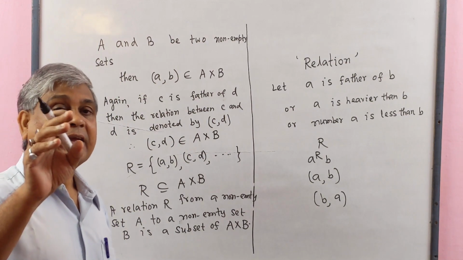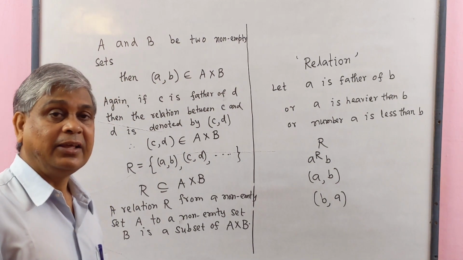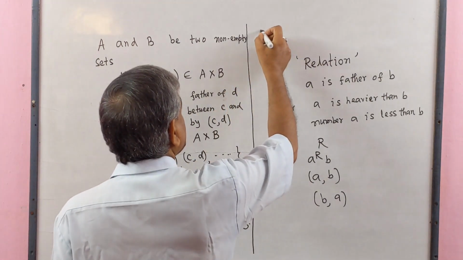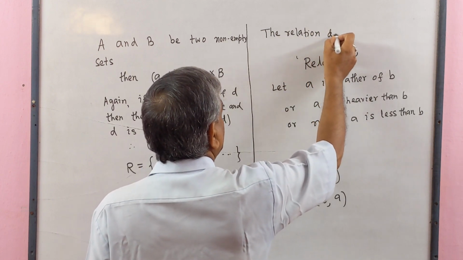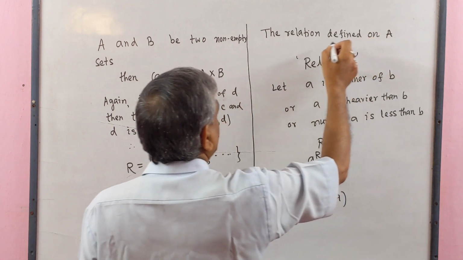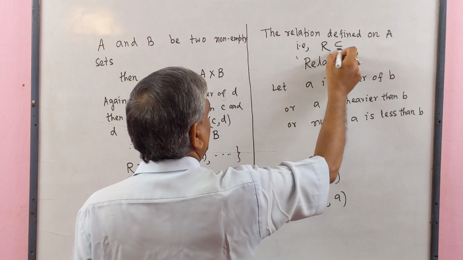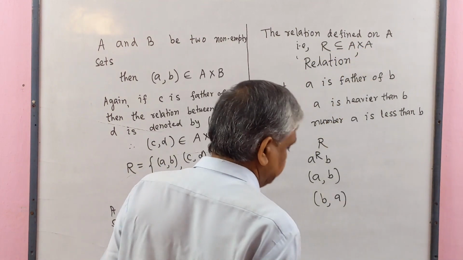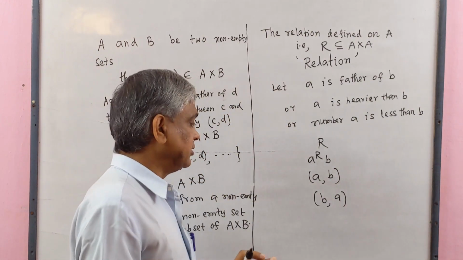When the sets A and B are identical, then we say that the relation is defined on set A, that is, R is a subset of A cross A, meaning the Cartesian product of A and A.